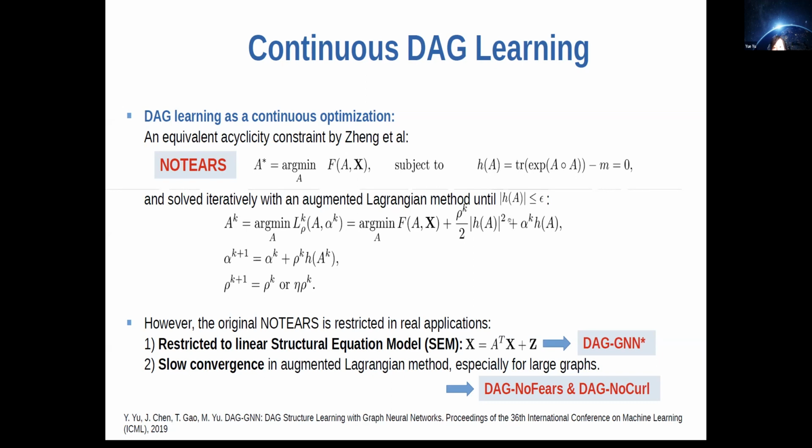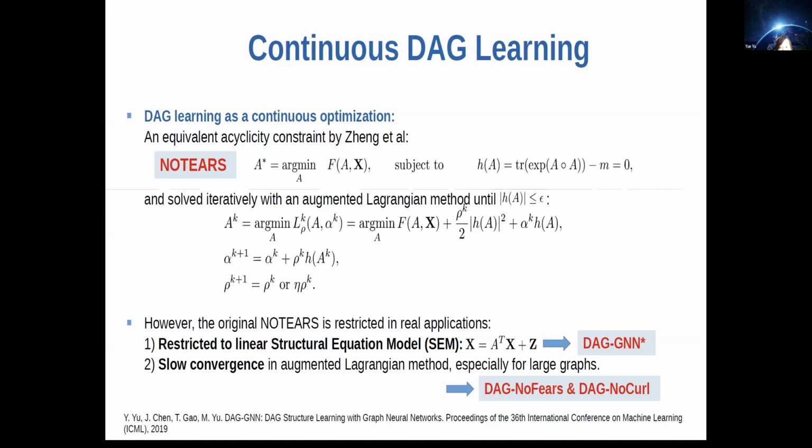There is a penalty, denoted as rho divided by 2 times h squared, which is applied to enforce the positive definiteness of the Hessian of the Lagrangian. That means it guarantees that this method has better convexity properties.